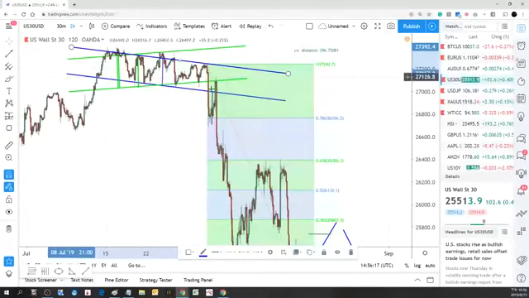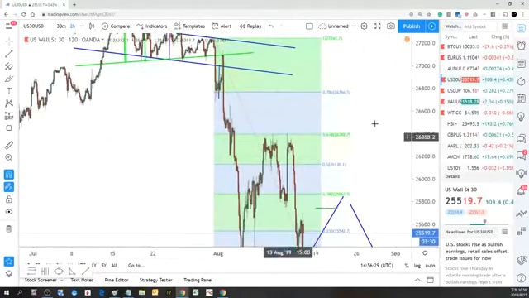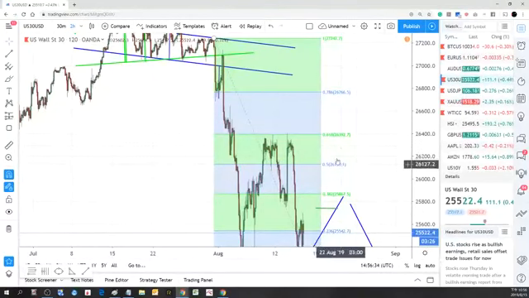Out of all those indicators, RSI, MACD, stochastic, I like to use the math-based indicators, which is this golden ratio Fibonacci retracement table.